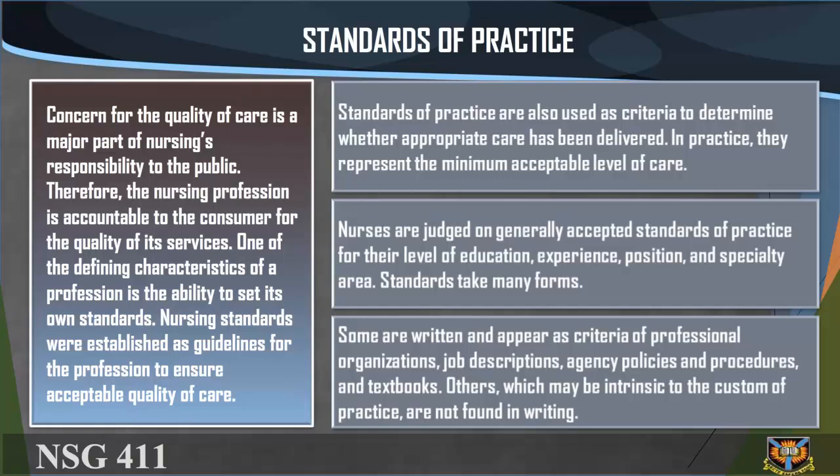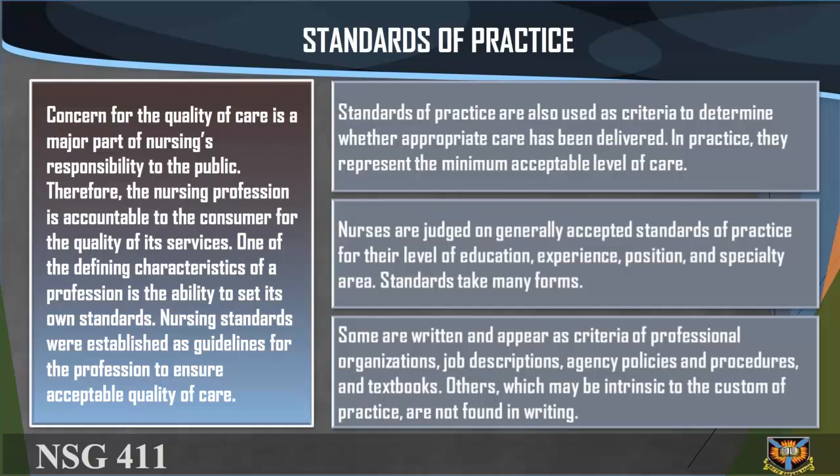Nurses are judged on generally accepted standards of practice for their level of education, experience, position, and specialty area. Standards take many forms. Some are written and appear as criteria of professional organizations, job descriptions, agency policies and procedures, and textbooks.